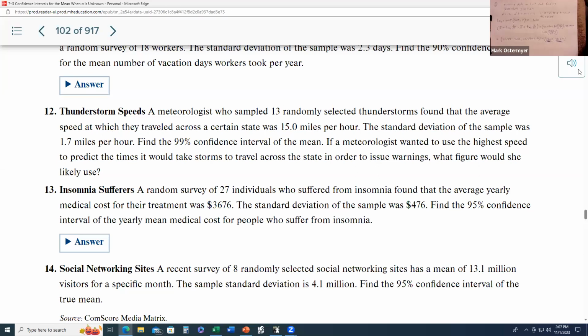Now, in finding this 99% confidence interval for the average speed of all thunderstorms that cross the state, we're assuming that it's the same time of the year.